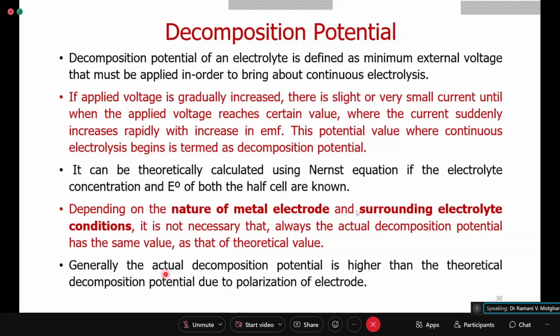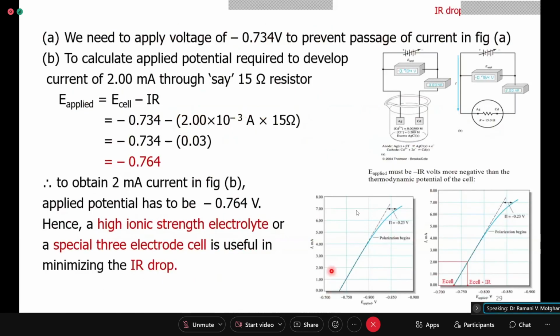So theoretically calculated decomposition potential for this cell is 0.734 volt. So the decomposition should start here, but we see that you get current, and after some time, once you get a certain current value, it shows deviation, or polarization of the electrode, and the electrode is not giving you the same current further.